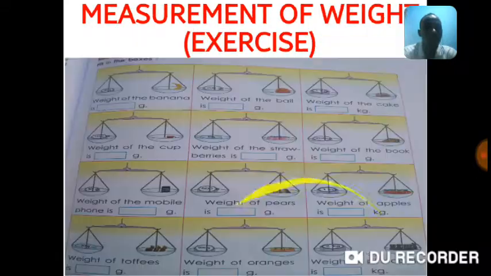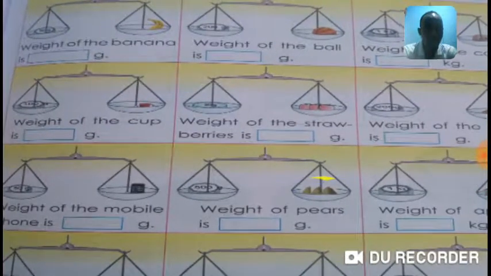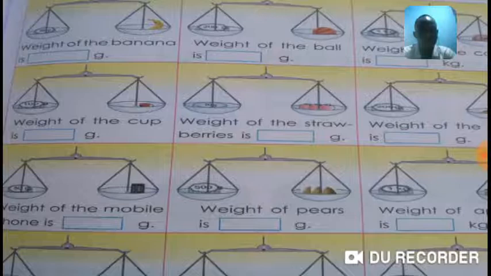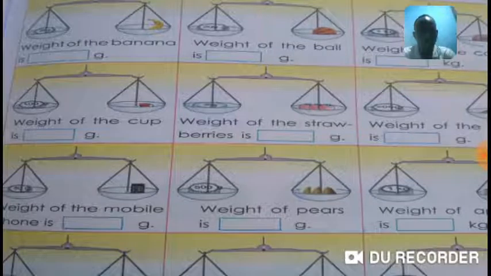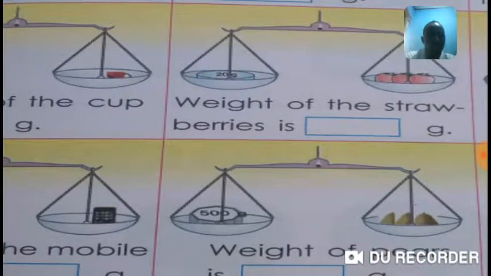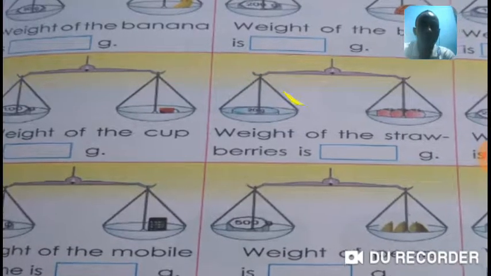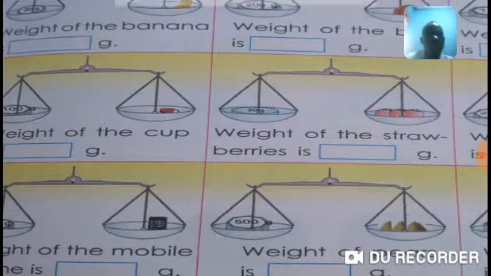Very good. We are still on the measurement of weight. Now let's observe these pictures one after the other. Let's compare the weight of the banana to the weight on the left hand side of the beam balance. We can tell the weight of the banana from the weight on our left hand side.